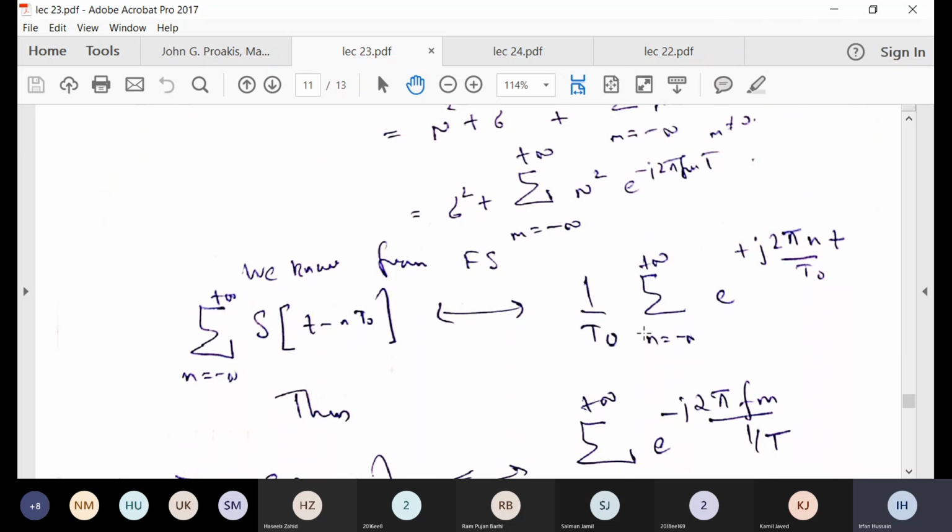We have already seen this many times. A train in time is actually equal to a train of exponentials in the frequency domain.